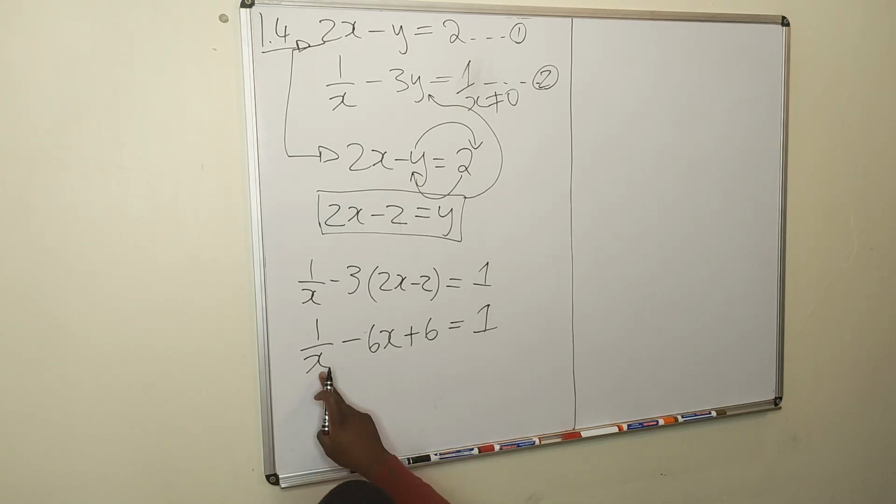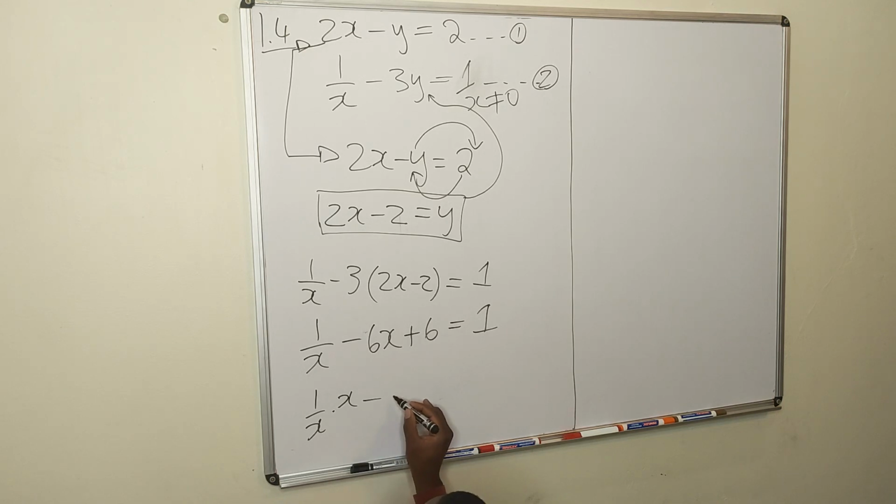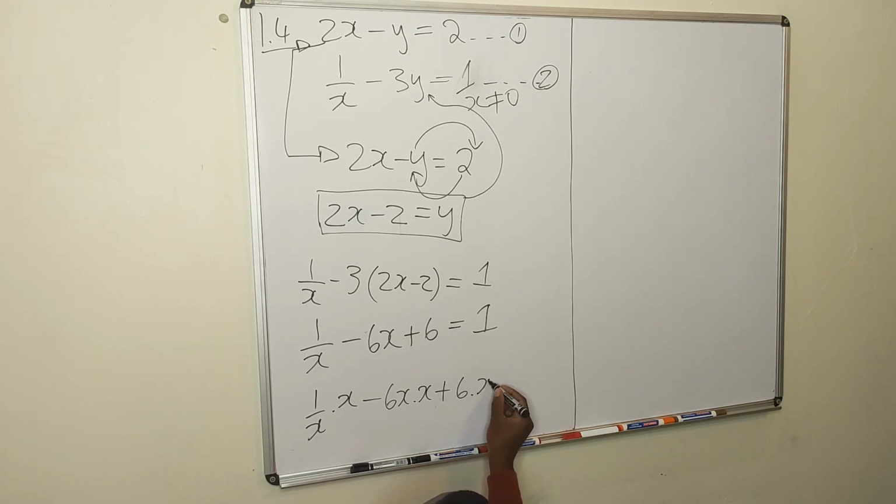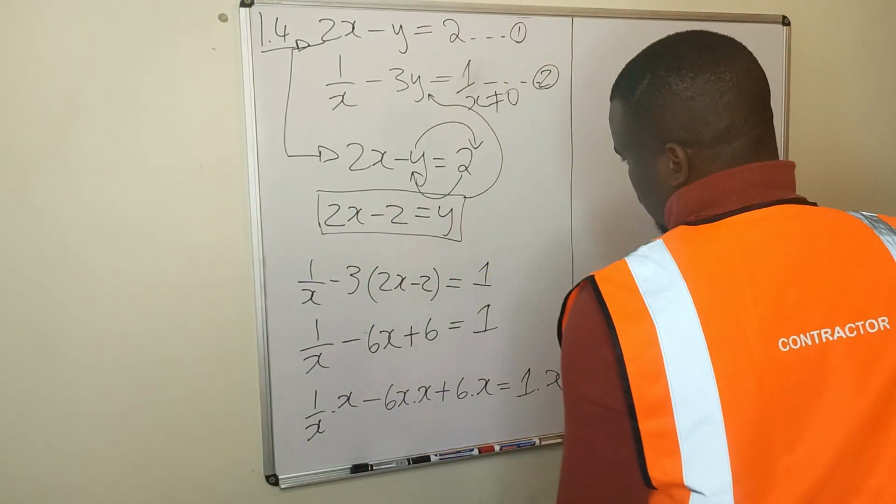Then what do we do? You multiply by this x throughout. So you have your situation of 1 over x times x minus 6x times x plus 6 times x is equal to 1 times x. So you multiply by x throughout this thing.